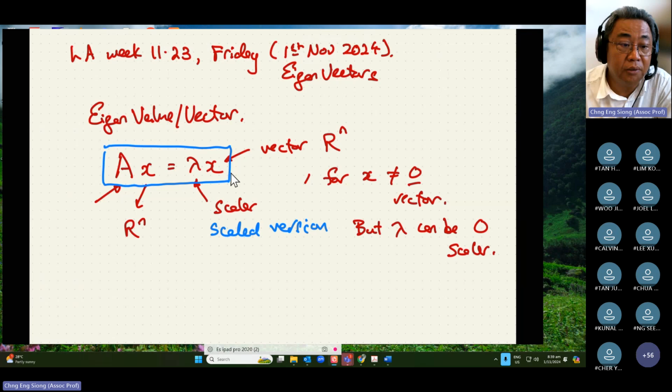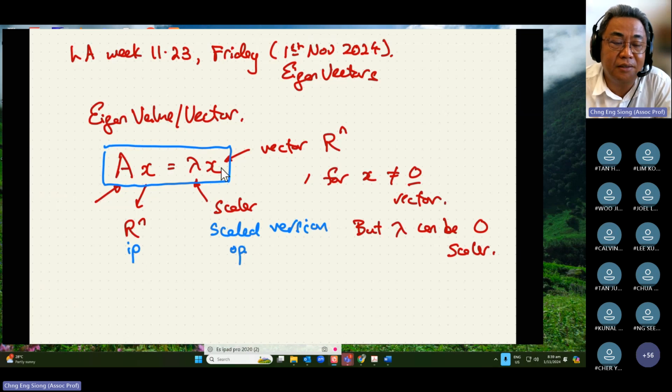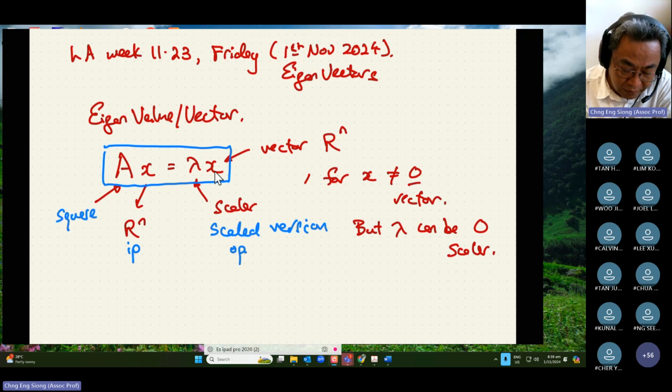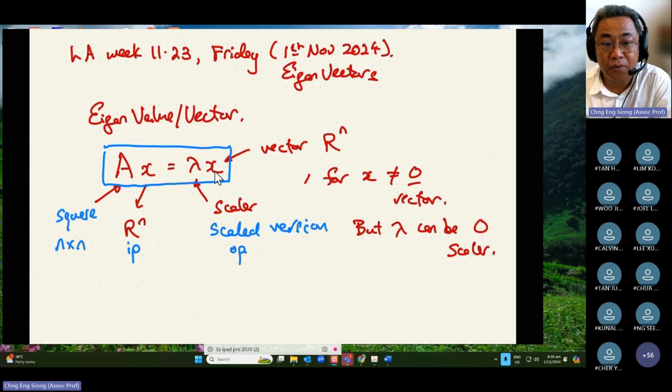Yeah, because this is the input vector, and this is the output vector. The input vector and output vector must be the same size, right? If the input is Rn, the output must be Rn. So this A must be square, of size n by n. So for every eigenvalue eigenvector problem, A must be square. So this is the first condition.